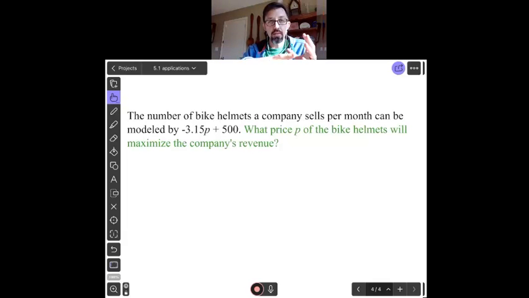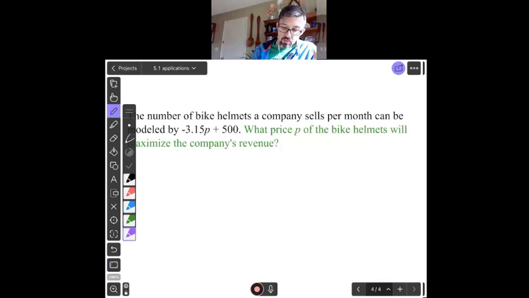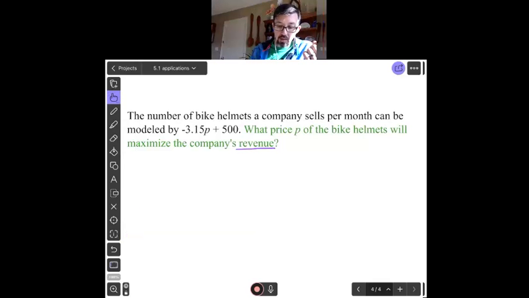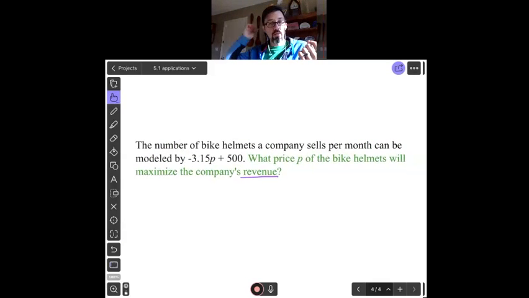So there's some assumed knowledge here, and really what it comes down to is, do you know what revenue is? Revenue is the amount of money that you bring in, and it's not profit. Profit is the amount of money you brought in minus how much money you had to spend. That's what's left over. Revenue is purely the amount of money you bring in. So if my job is to sell pencils, and I sell 10 pencils for $2 each, then my revenue is $20.